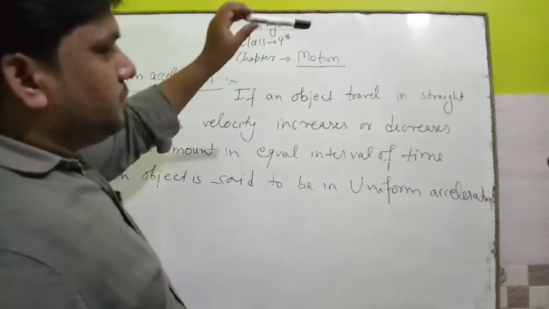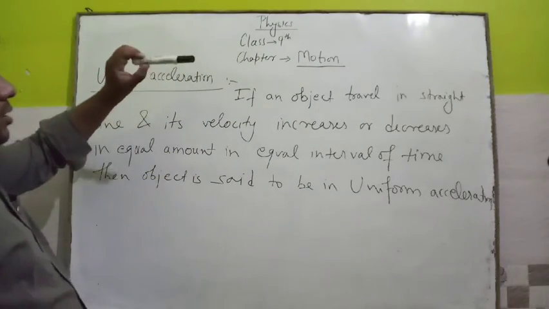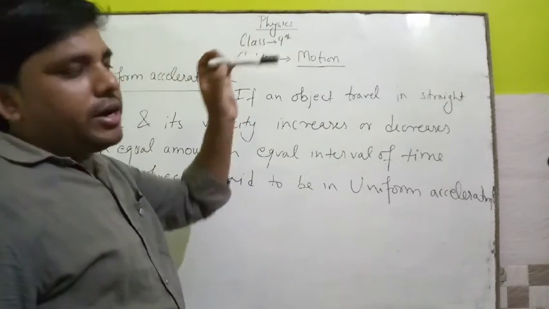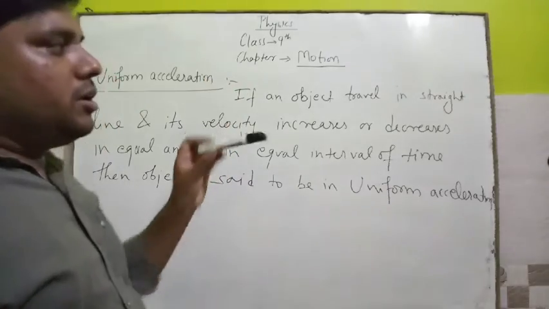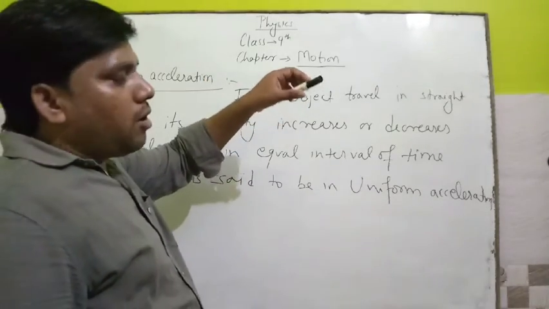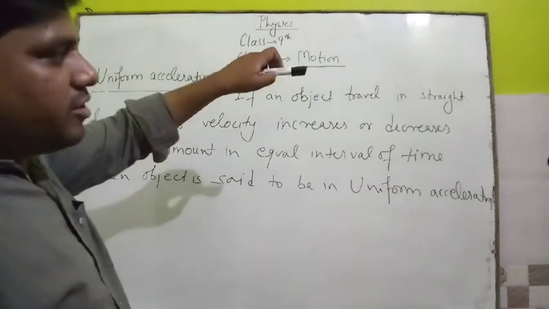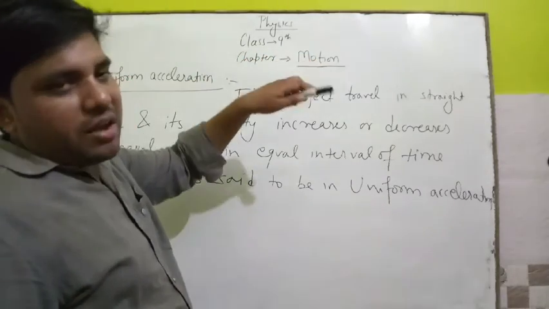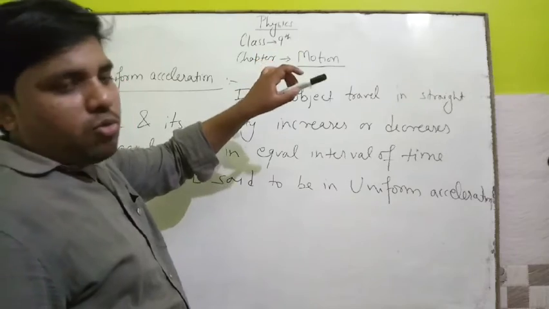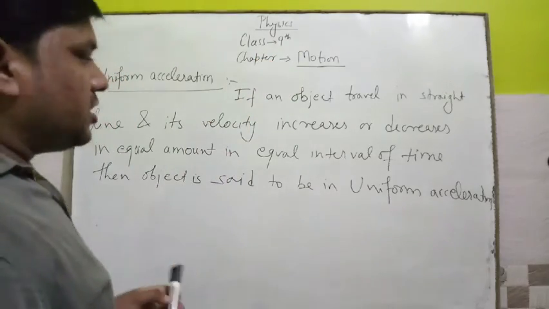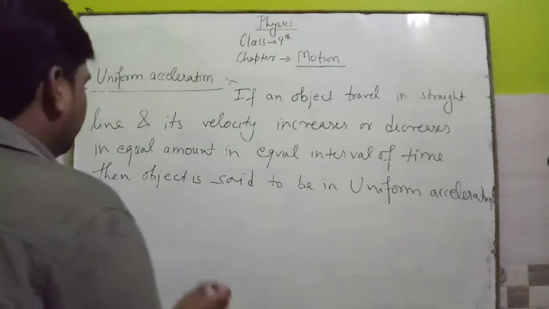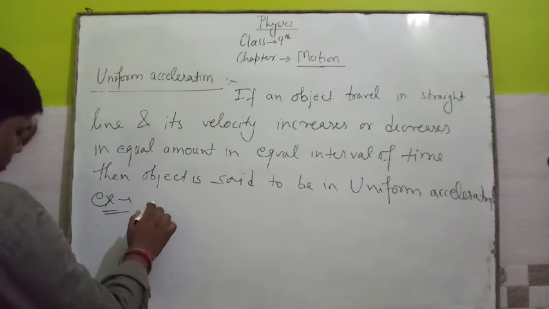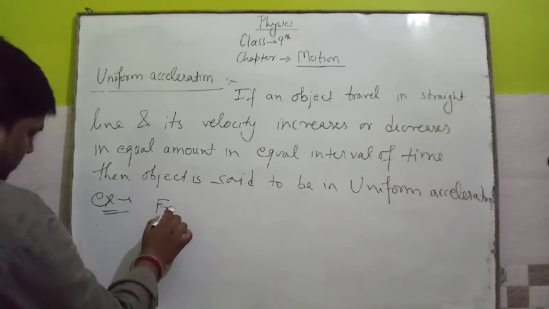Then always the acceleration is constant. When a body falls under the influence of gravity, it has acceleration due to gravity, that is 9.8 meter per second square. Clear? That is a fixed quantity. So, for example, a freely falling object.